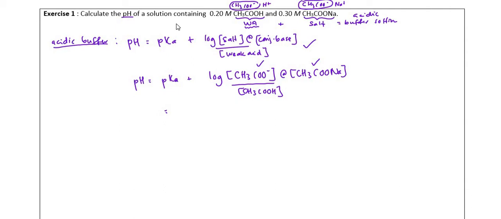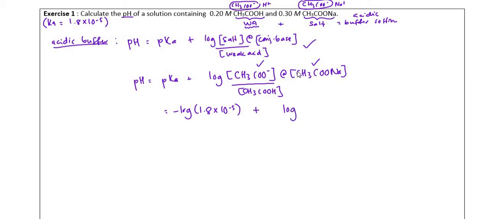For this case, the question forgot to give you the value of Ka. So please add that the value of Ka is 1.8 exponent negative 5. The question must give you the value of Ka. So insert the value. P means negative log. Ka, just insert 1.8 exponent negative 5, plus log.